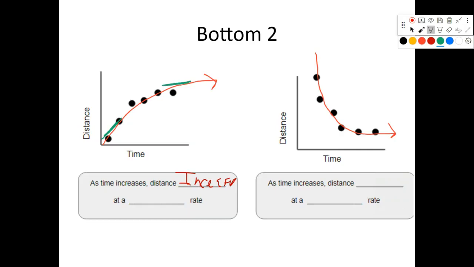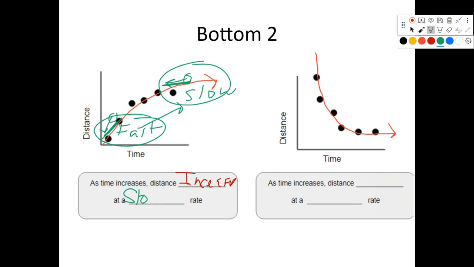And you'll notice, if you put a marble on here, it would fall down really quickly. If you put a marble here, it wouldn't fall very quickly. It's less slope. So that means the line is going up really fast here, and over here the line is going up real slow. Okay, it's gradual. So if I go from fast at the start of my line to slow, we call that a slowing rate.